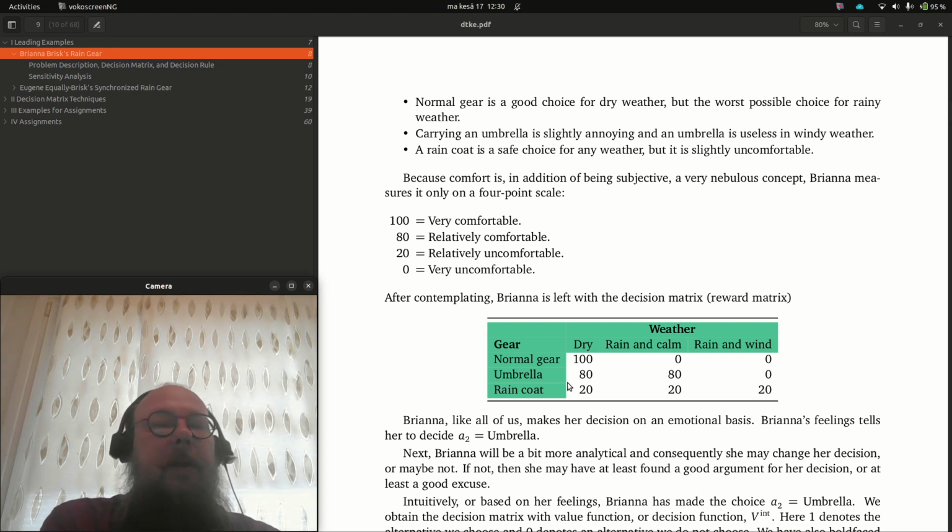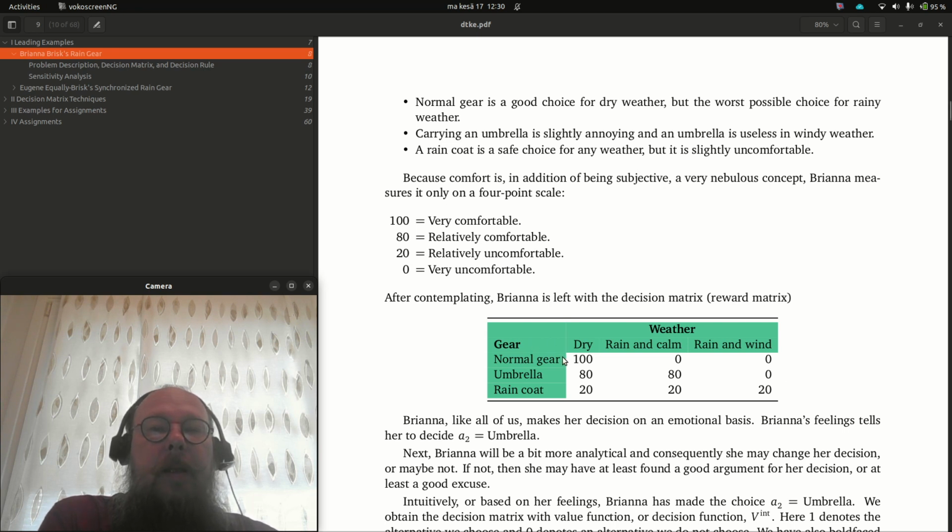And once this matrix has been built, then the rest of the decision matrix techniques is more or less calculations. So that's straightforward. But building this matrix is where you should spend most of your time when you do, for example, your assignments for the course.